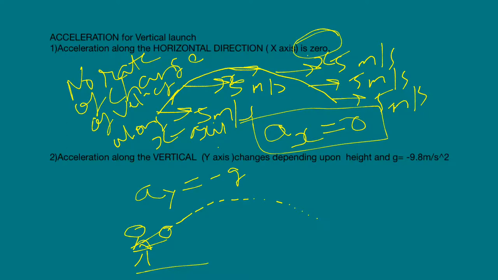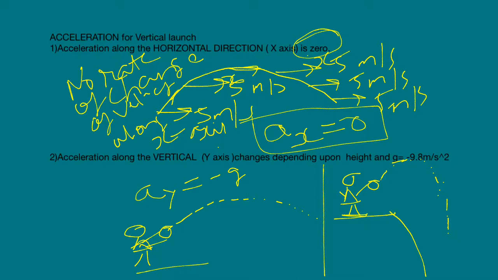But in a different case, suppose a boy is standing on a cliff and he is throwing the ball. The ball will move upward, then it will fall.